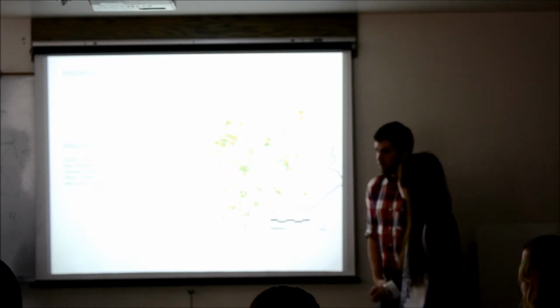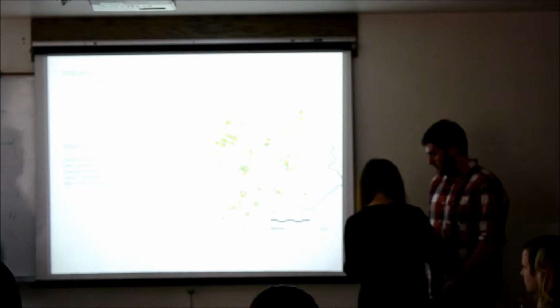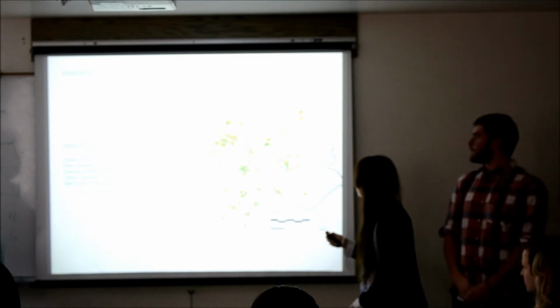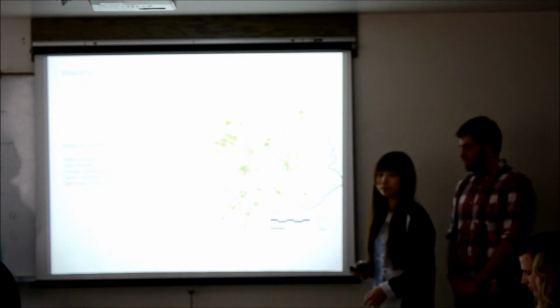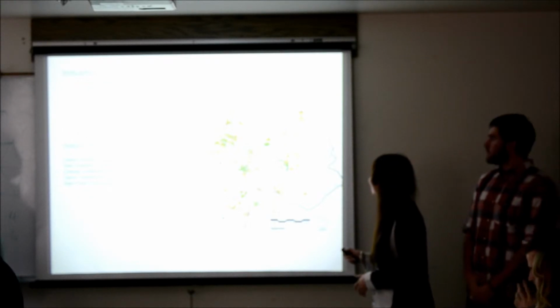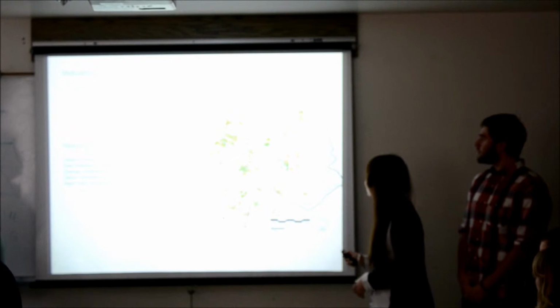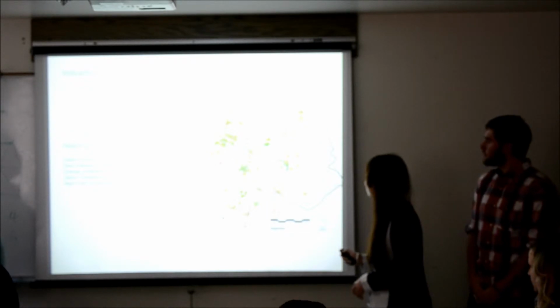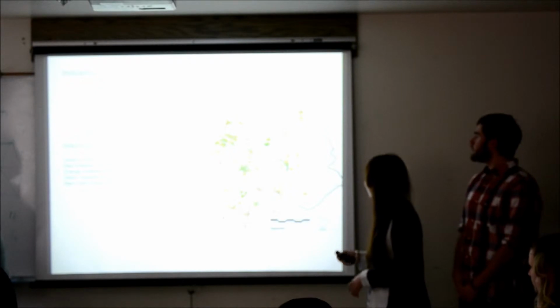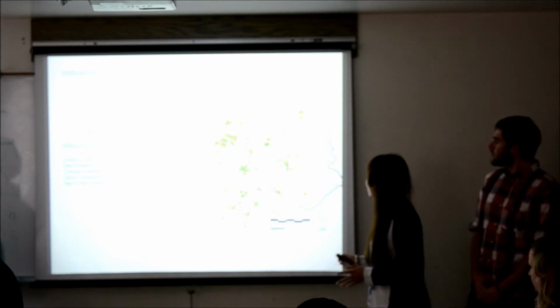As Kyle said before, all the industries located beside the river put their dump into the river directly. So here the red points are the industry, and the yellow part is kind of away from the industry.